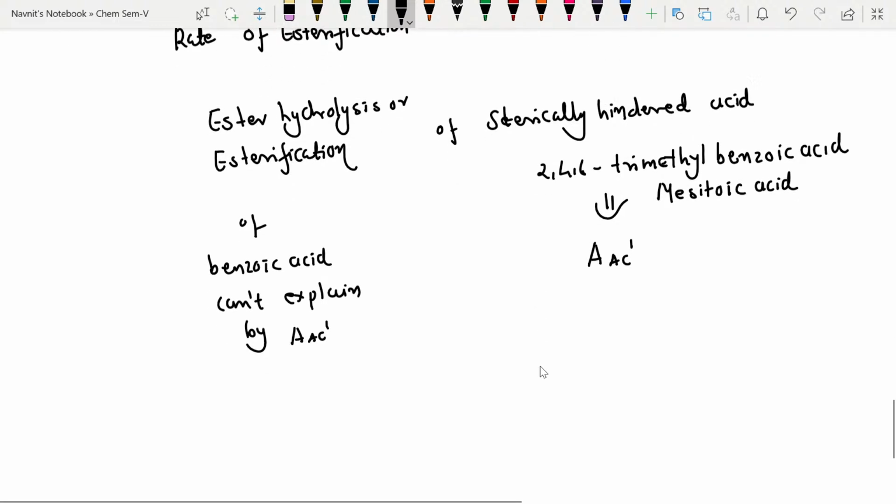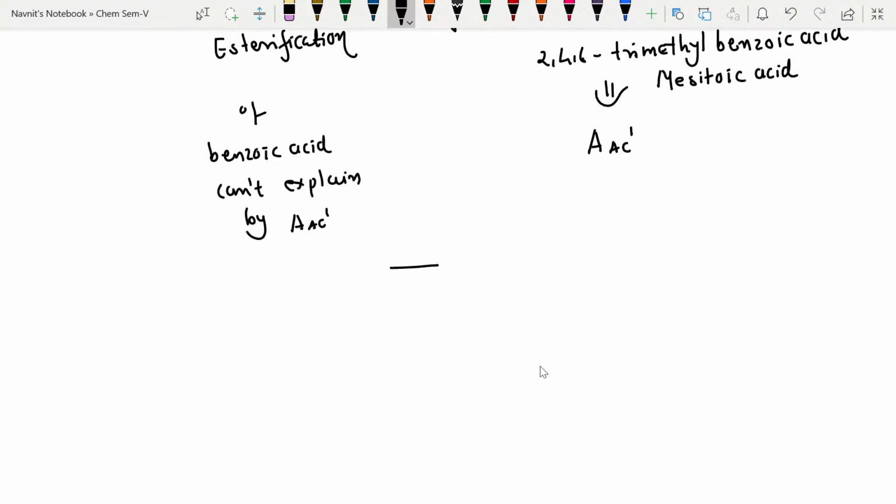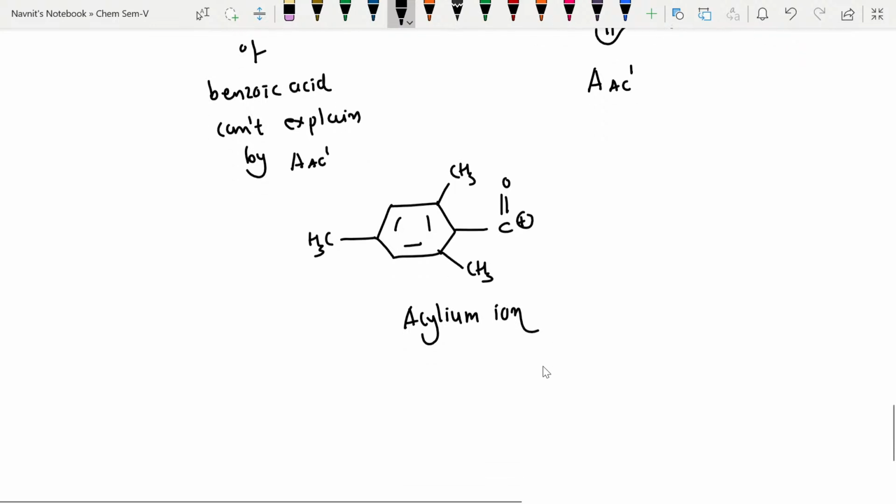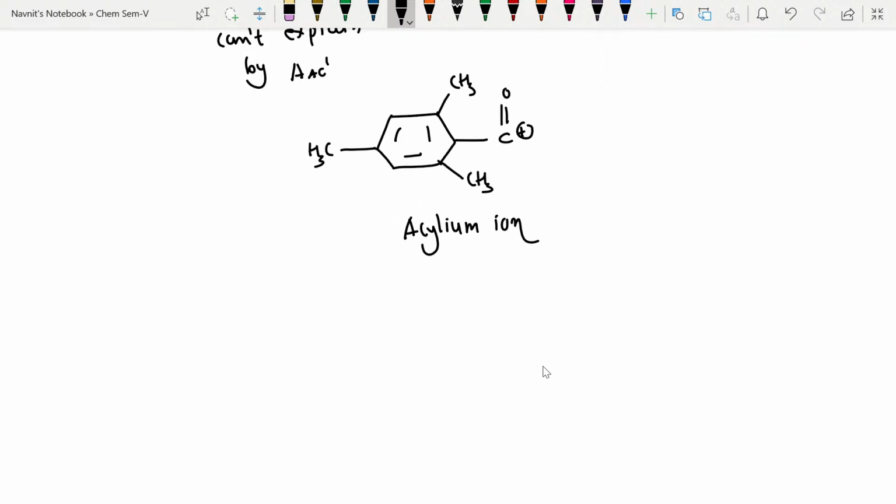Okay. Now, why is this carbocation formed by 2,4,6-trimethyl benzoic acid stable? This carbocation is formed when we carry out the hydrolysis, even the esterification of mesitoic acid. And here we have methyl groups at 2, 6, and 4. So this intermediate is formed, and this is known as the acylium ion.